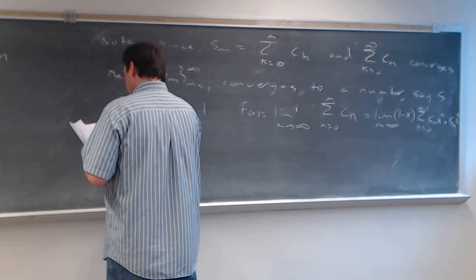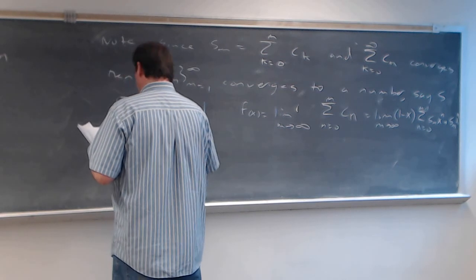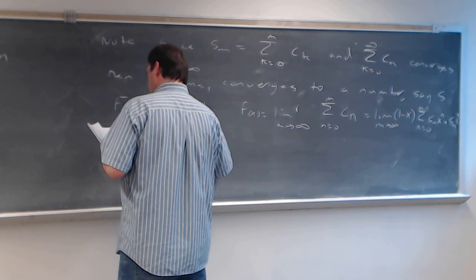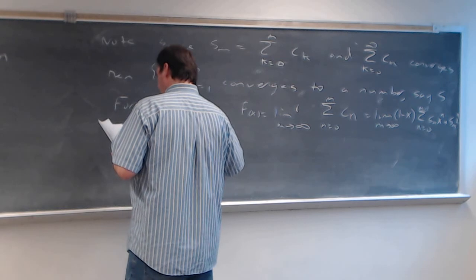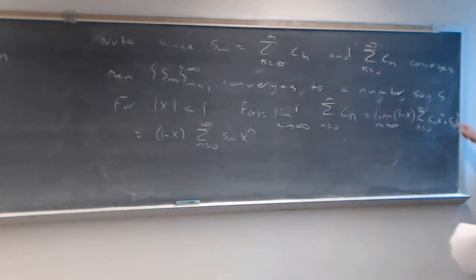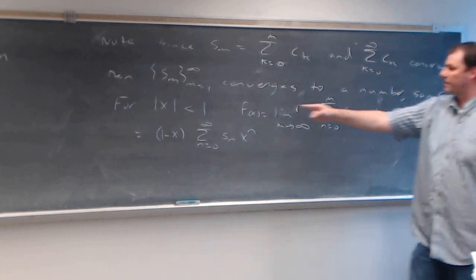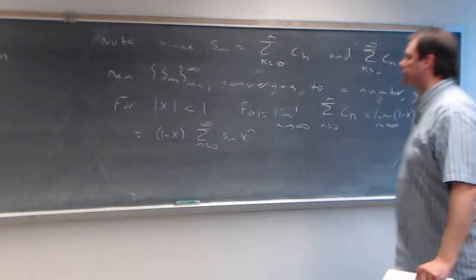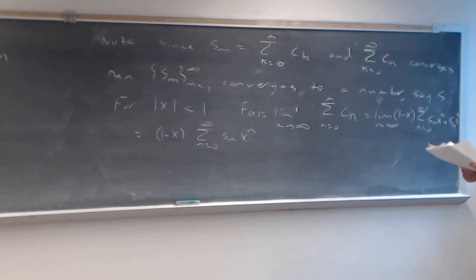So this is equal to 1 minus x times the sum as n goes from 0 to infinity of s of n x to the n. Why does that last term, s of m x to the m, go to 0? This s of m goes to s, and x to the m goes to 0 when we're talking about x values whose absolute value is less than 1.